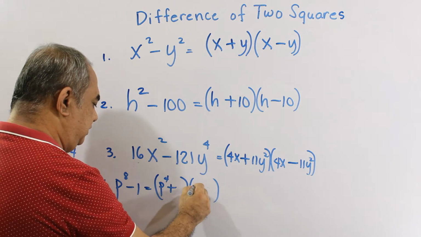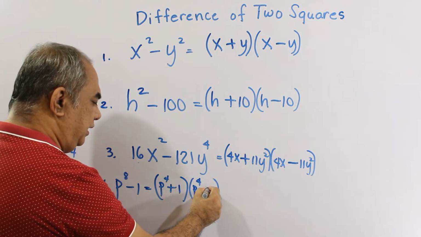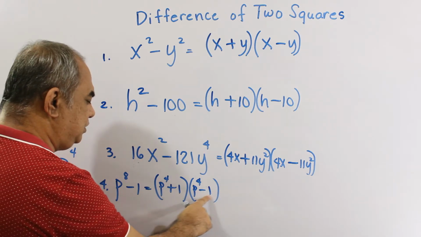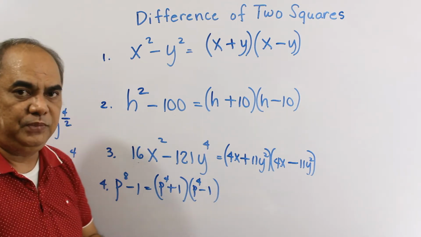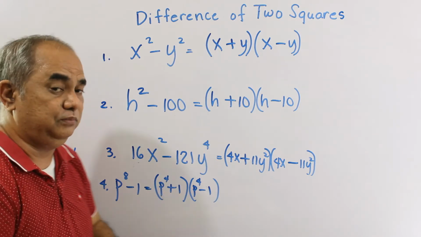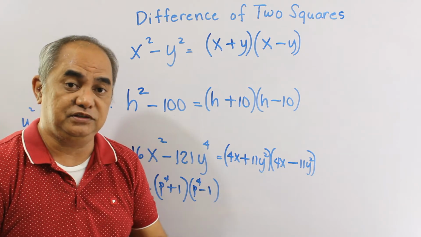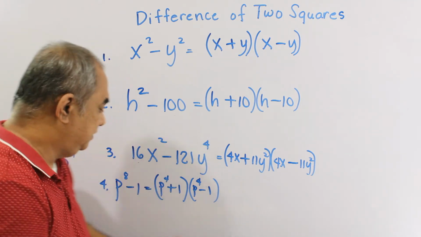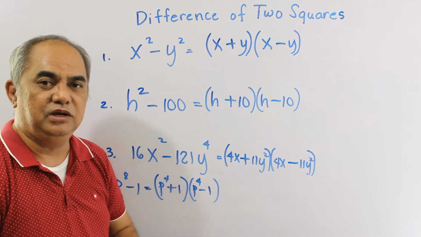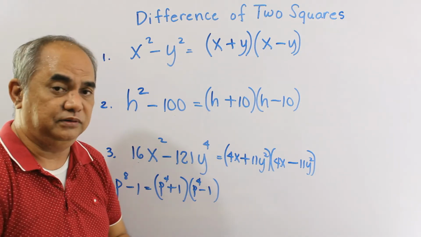We copy it here, p to the 4th, and we have 1 here and 1 here, because 1 times 1 will always give us 1. Now you will notice again that the exponent of this variable p is an even number, and this one here is also a perfect square. However, the sign between them is positive, so we can no longer factor them further.